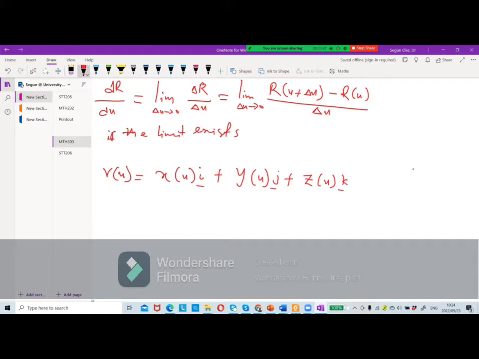Then we have all this definition that I just gave us. That now leads us to the definitions we are actually talking about.